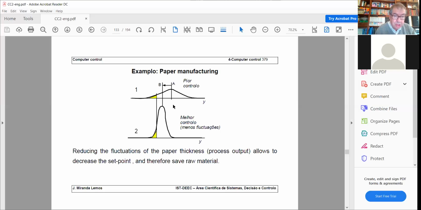So by reducing the variance of your output, you are actually gaining a lot of money. Okay? So there is a relationship between the money that you are making with your process, because you are using, on average, less raw material, and furthermore, even more important, quality means that your product is always the same.